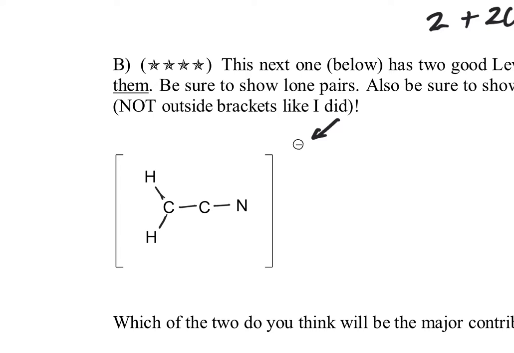If we were to give everything an octet, as shown here, and we added up the electrons, there's 2, 4, 6, 8, 10, 12, 14, 16, 18, 20 electrons. That's too many electrons. So instead of all single bonds, there's going to be double bonds and maybe a triple bond.